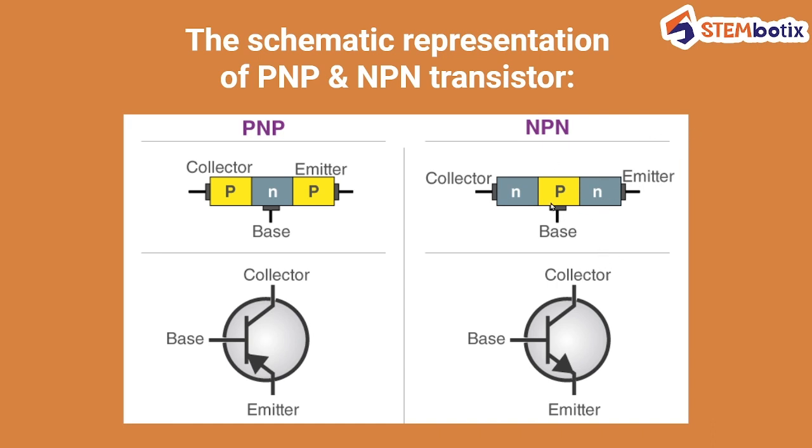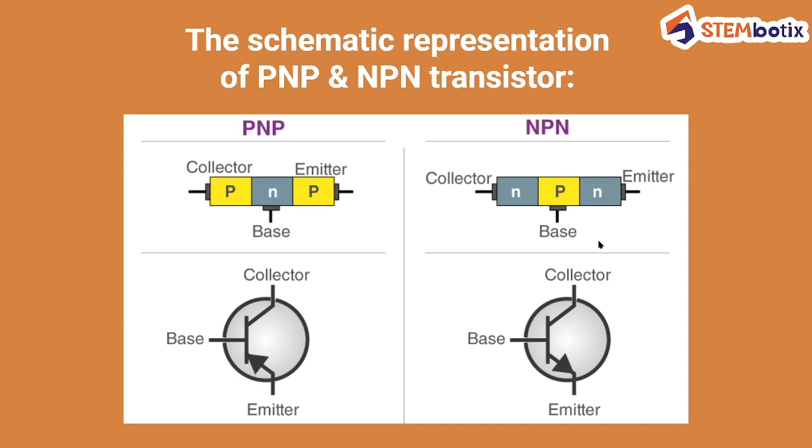Whenever this PN junction, base and emitter, is in forward bias, it means there are more electrons, the negativity over here is higher because it is N type, and because it is P type, positive charge carriers, or holes, will be in the majority.